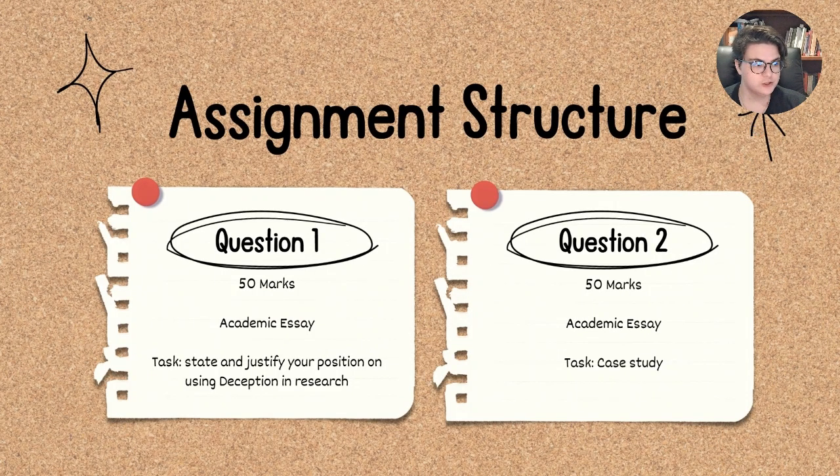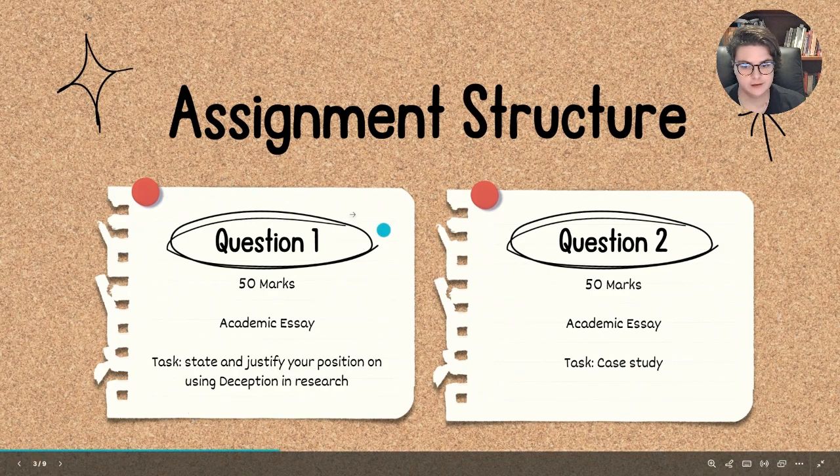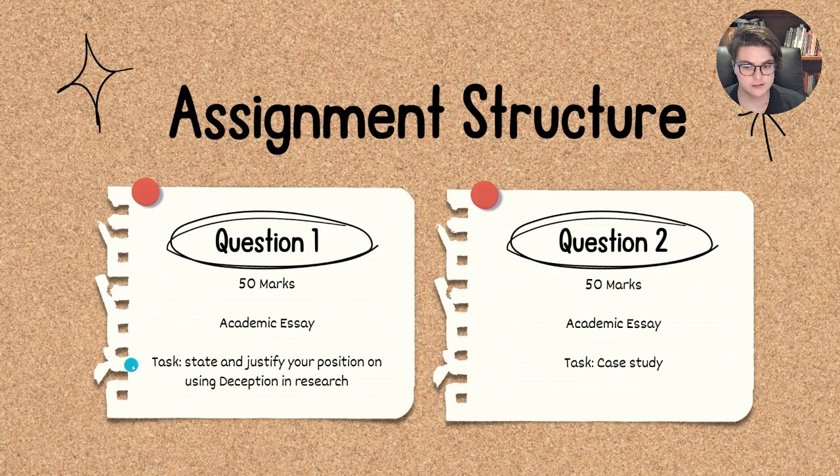Okay, so as I've mentioned, the assignment consists of 2 questions. The first question, briefly, is a 50-mark academic essay, and your task is to state and justify your position on using deception in research.